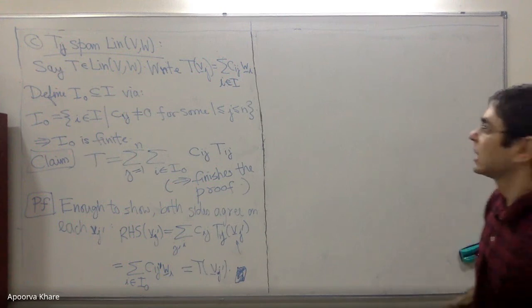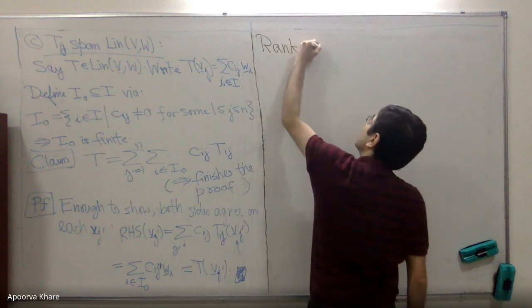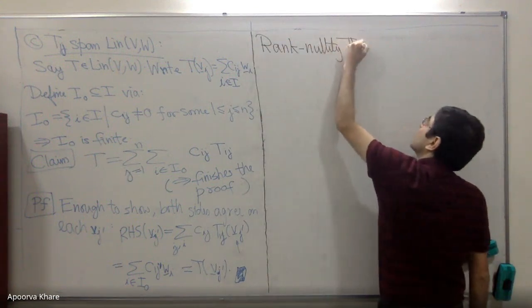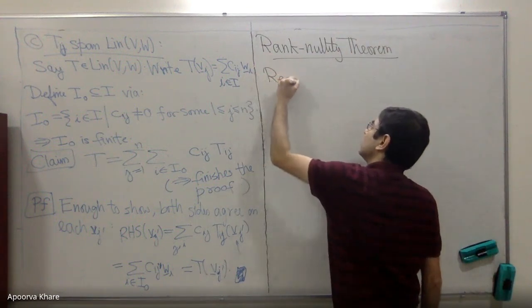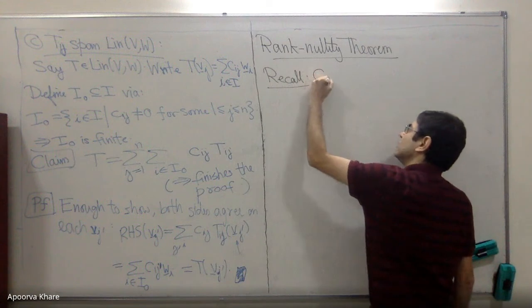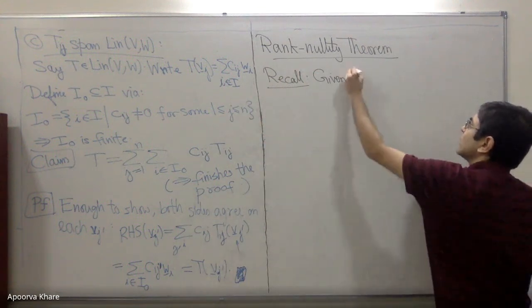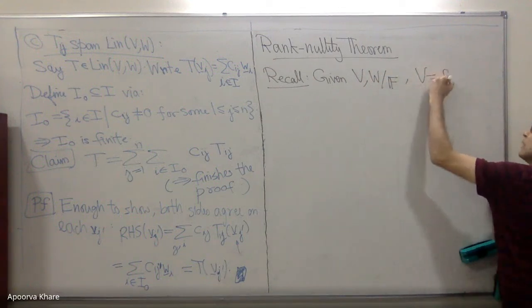Okay, so remember, the rank nullity theorem. Let me just first remind you. So I'll continue the same setting. V and W are vector spaces over F, and V is finite dimensional.